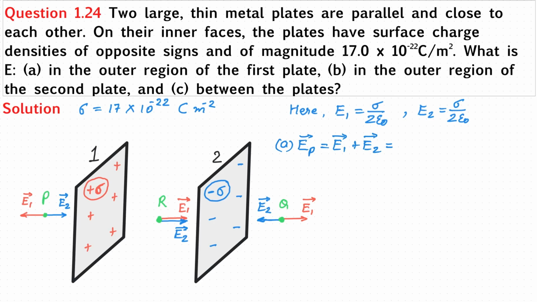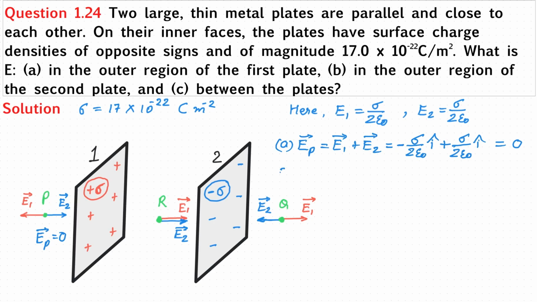But vector E1 is in left side direction, so it will be minus sigma upon 2 epsilon 0 caret i, and vector E2 is in positive x direction, so it will be plus sigma upon 2 epsilon 0 caret i. Obviously the total answer will become 0. That means there will be no electric field at this point. EP will be 0.